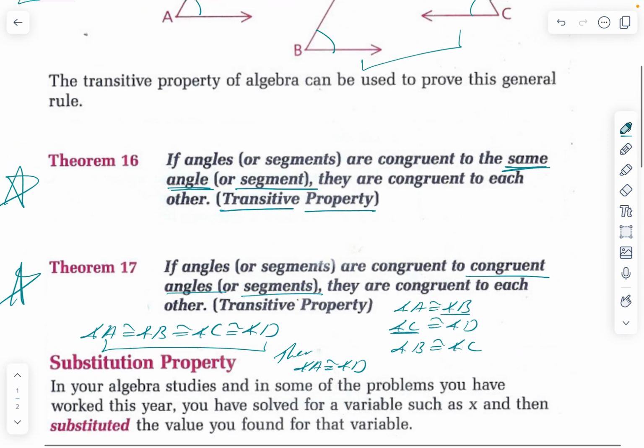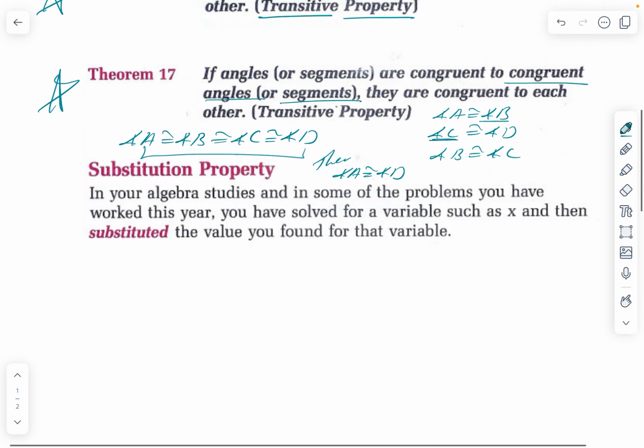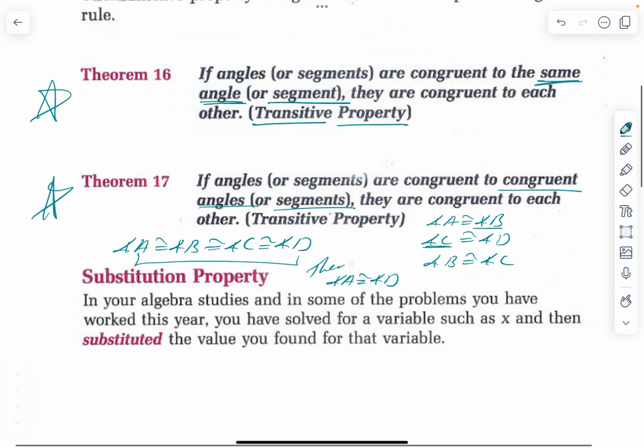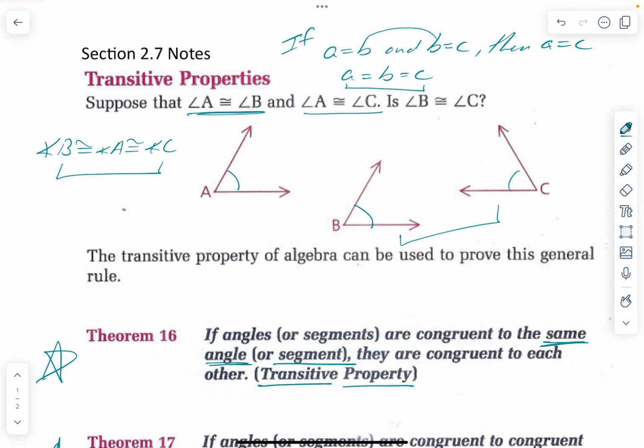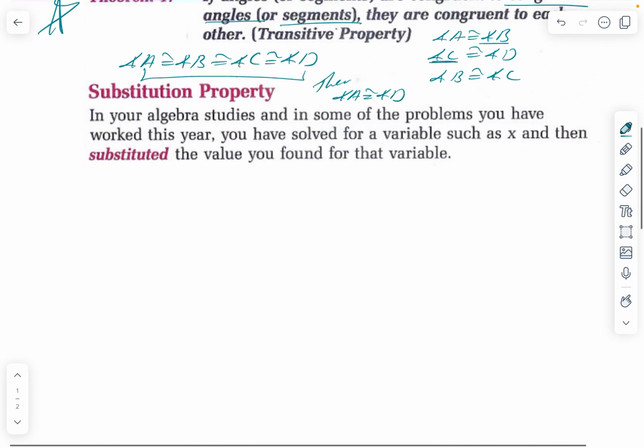We've done problems like above, like what we started with, and we've been calling it substitution, which is perfectly fine as well. If, since A is congruent to B, I could substitute angle B in here for angle C, it also could be considered a substitution. So in other words, transitive can be substitution, but substitution isn't necessarily transitive.